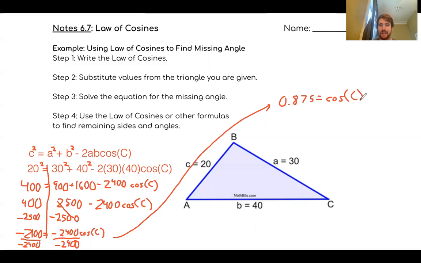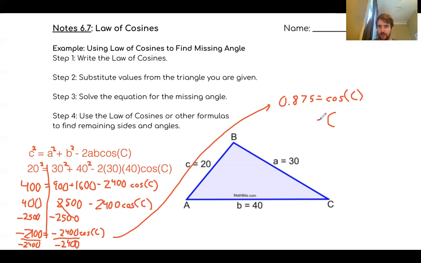Now we just need to use that inverse function again, like when we were trying to find missing angles. So inverse cosine. Remember, that's second on the calculator plus cosine, and then 0.875. And if you do that, you should get that it's about 28.95 degrees.